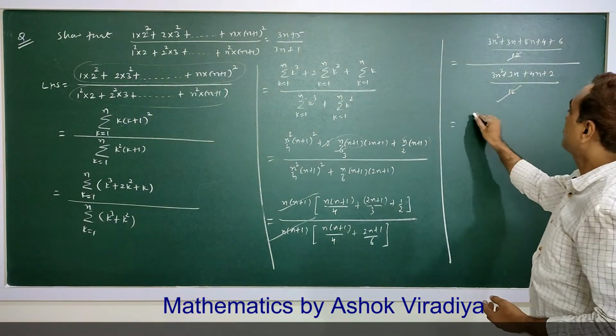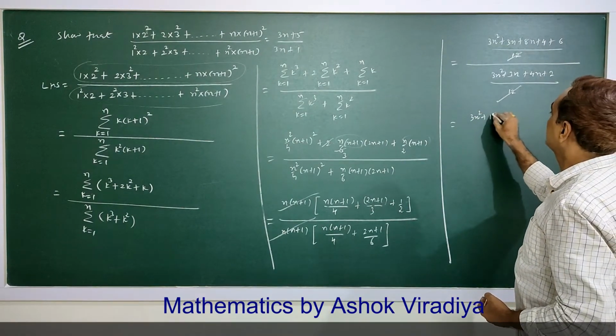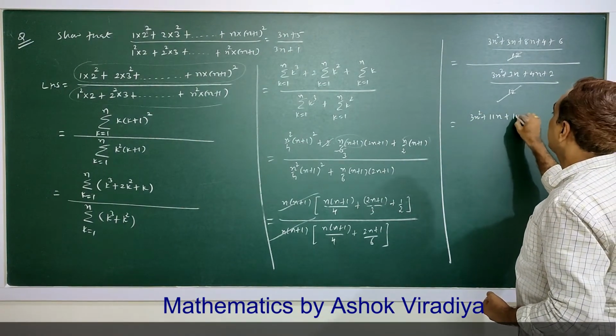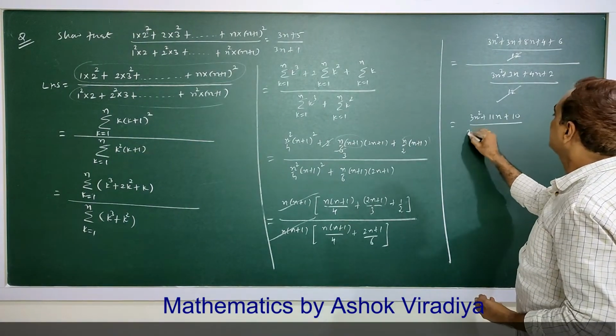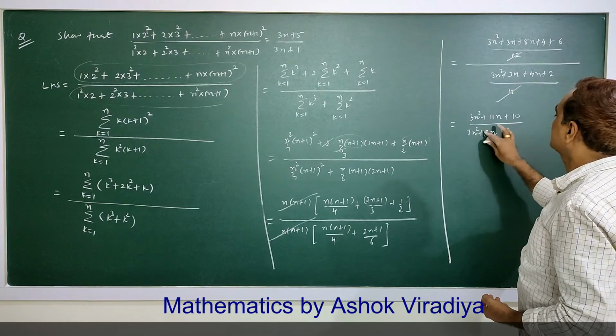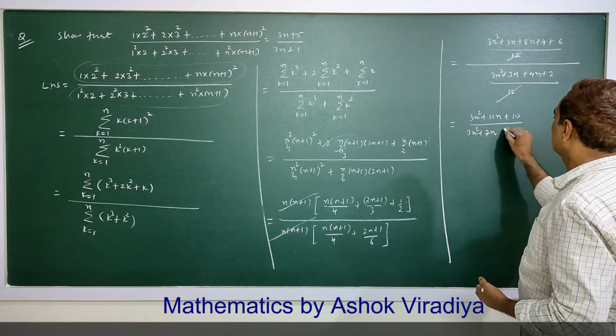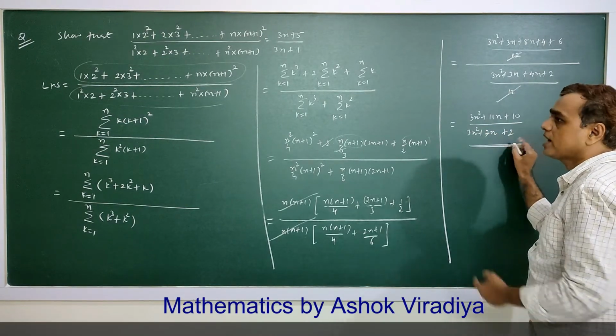So 3n square plus 11n plus 10 upon 3n square plus 7n plus 2, this is the required sum.